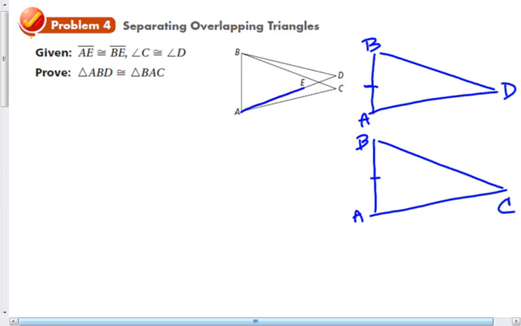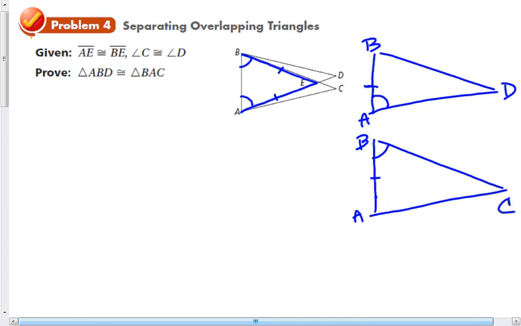And I also know that this is congruent to that. Well, what that tells me is that that's an isosceles triangle. So that means this angle is congruent to this angle.